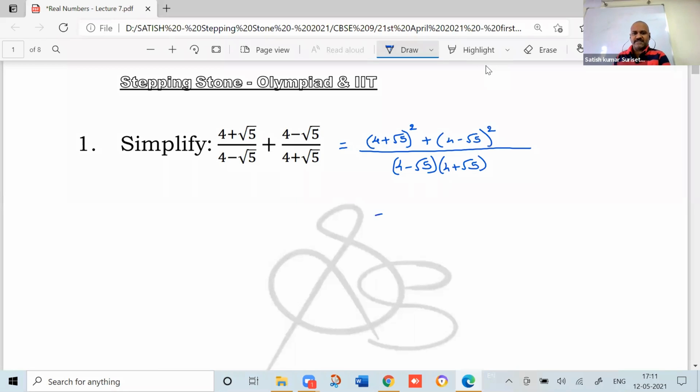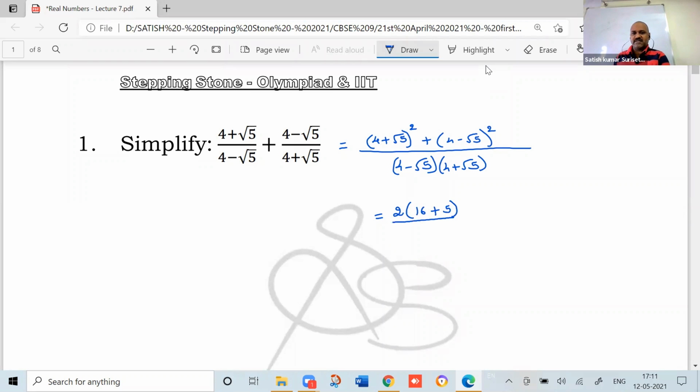Now expand. It is (a plus b) whole square plus (a minus b) whole square. If you remember the formula, you can write directly 2 into (a square plus b square). Otherwise expand and simplify. So a square means 16, b square means 5.